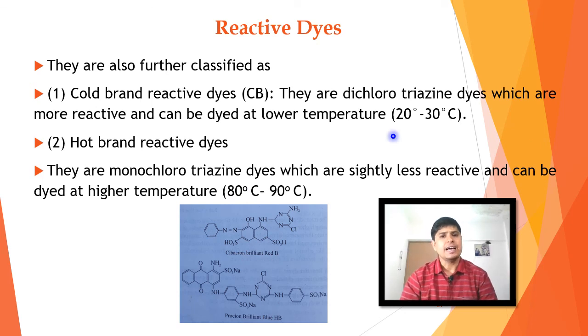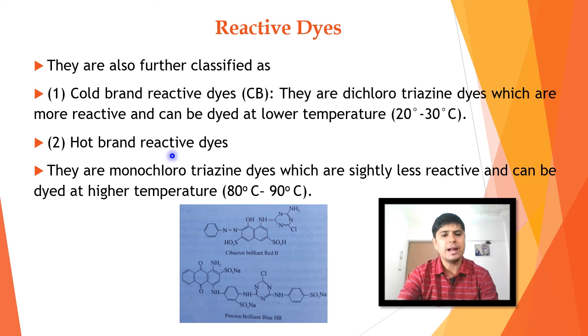Reactive dyes are further classified into two categories: cold brand reactive dyes and hot brand reactive dyes. Cold brand reactive dyes are dichlorotriazine dyes, which are more reactive and can be dyed at lower temperature, around 20 to 30 degrees Celsius.